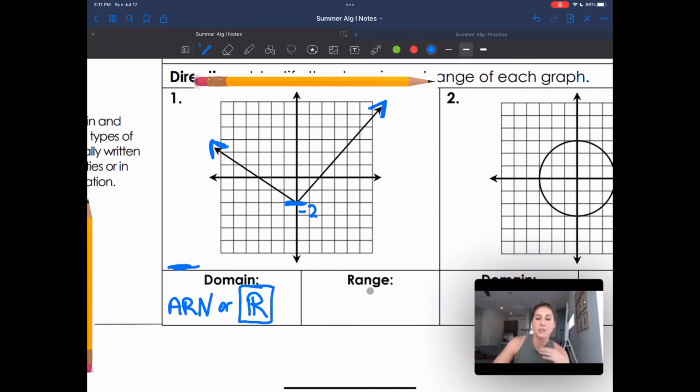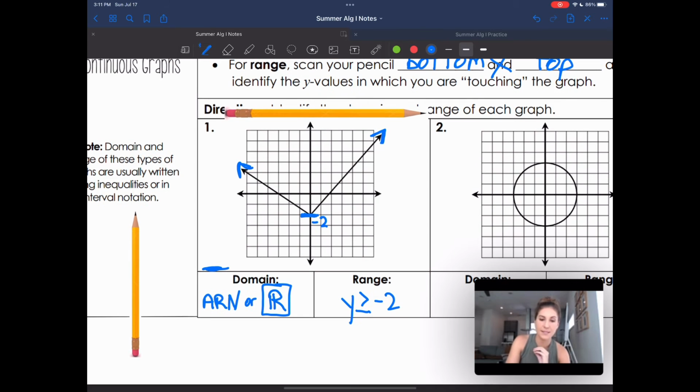So for my range values, I would write y is greater than or equal to -2. And that's how we write it. So everything greater than or equal to -2 would be -1, 0, 1, 2, 3, etc. forever and ever, but nothing less than that -2 point. I know inequalities can be a little bit tricky. Hopefully you understand that. But that's it for domain and range.